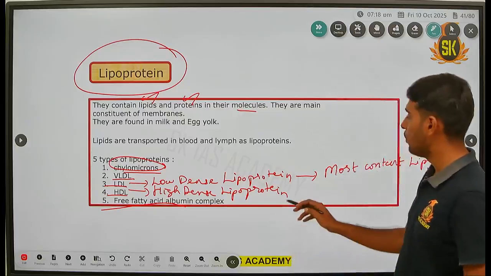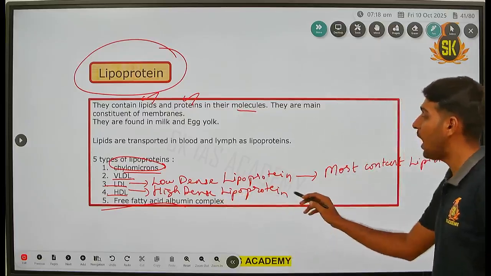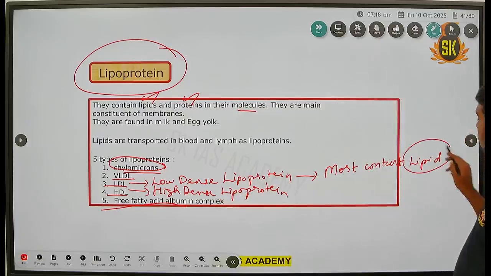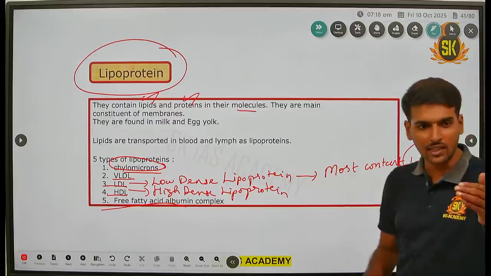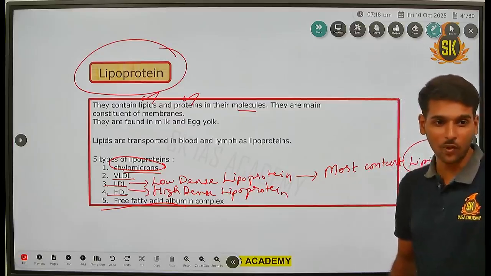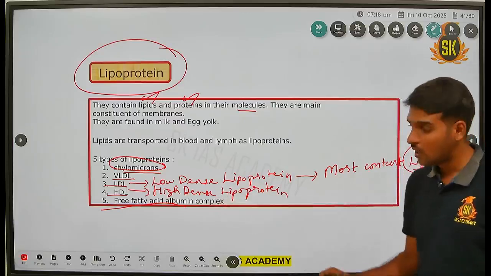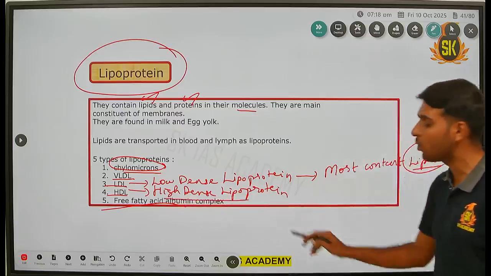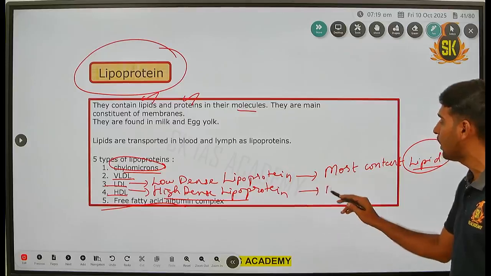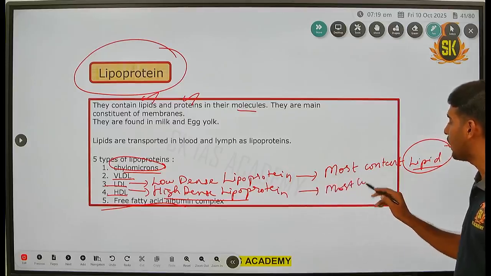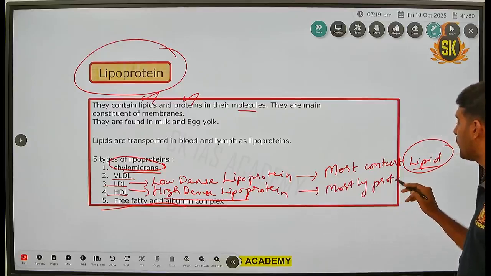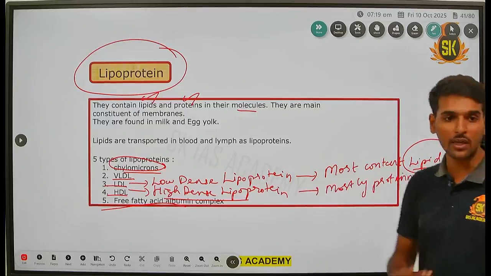Now HDL is high density. Since LDL is totally lipid, and lipids are considered low in molecular weight, that is why it is low density. But high density lipoprotein consists mostly of proteins. The protein content is high here as compared to the lipid content.